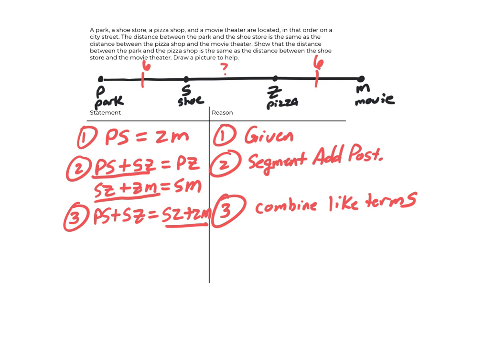So to finish this one out, what is PS plus SZ the same as? PS plus SZ is really the same as PZ, right? So this can just become PZ.